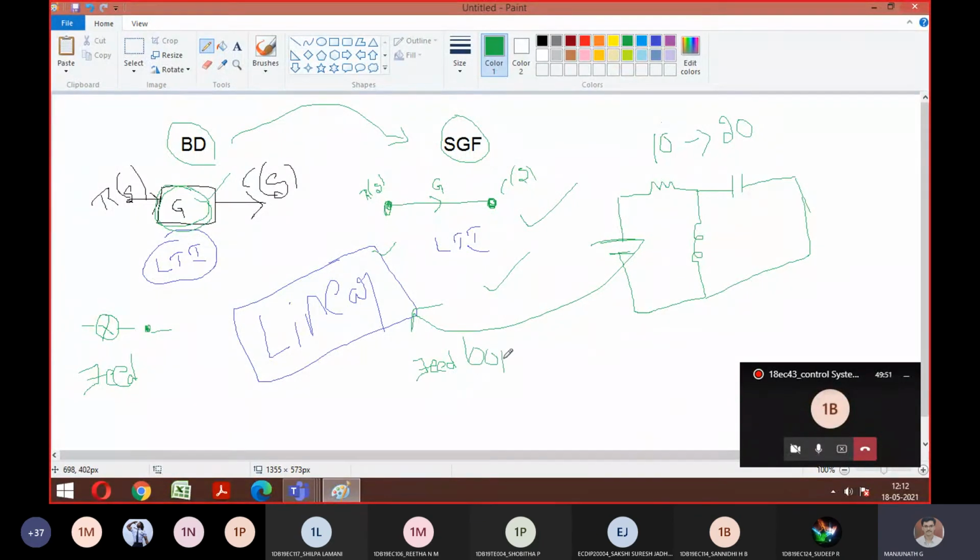I hope everyone remembers the concept of loops in your networks, meshes and loops. So a closed path is called a loop and mesh. Agree? So is it fine? You have feedback path present here and here it is not present. Instead of that, feedback loops are present.